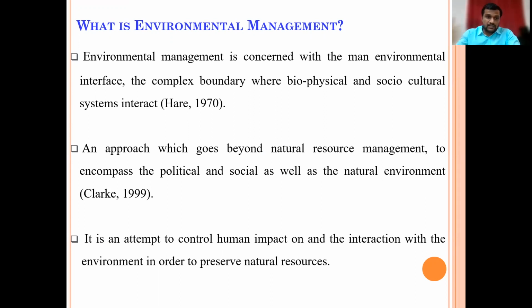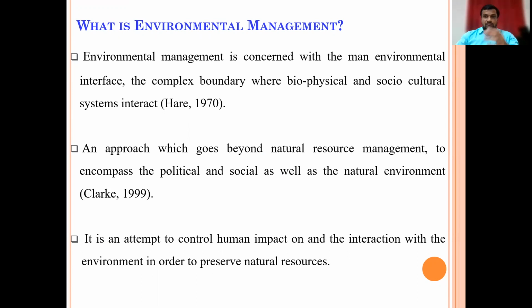or you can say the anthropogenic activities. Environmental management is also considered as an approach that goes beyond natural resource management. When we talk about environmental management, it encompasses the political and social as well as the natural environment. Environmental management is an attempt to control the anthropogenic effects on the environment. It is used to control the impact of different anthropogenic activities on the environmental factors, in order to preserve the natural resources.